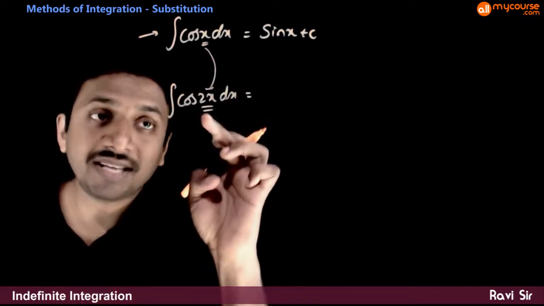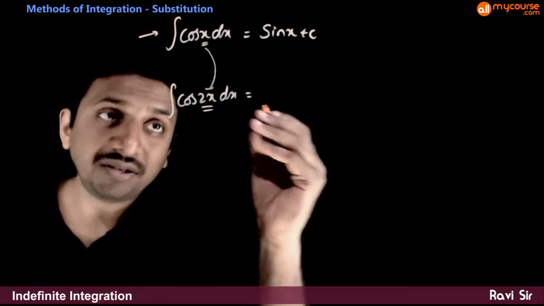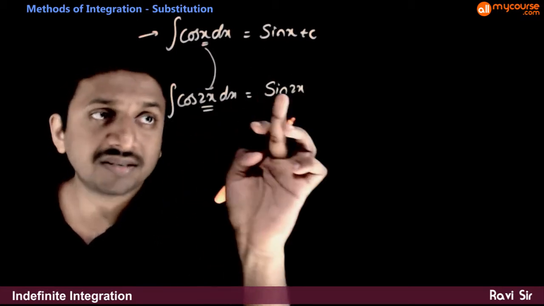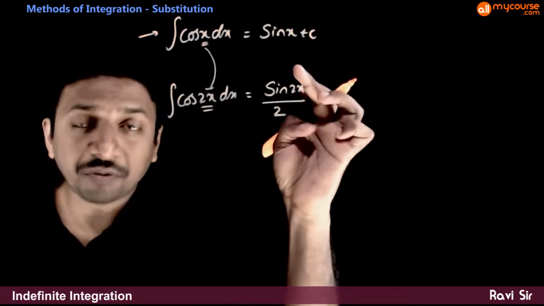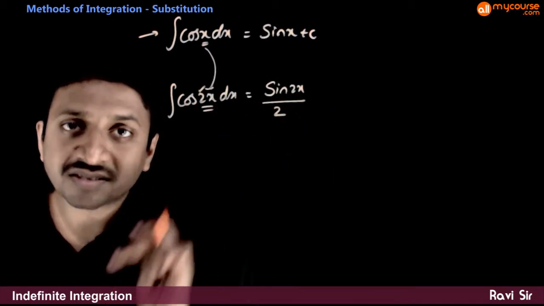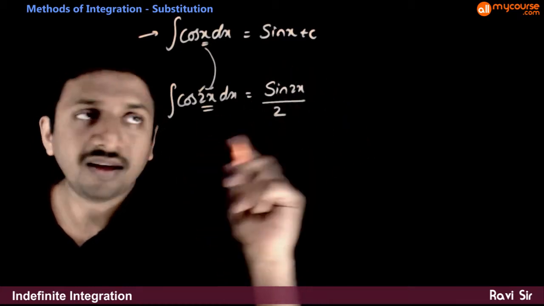So x is replaced by something like ax. So the answer to this will be sin of 2x, but it will have to be divided by 2.